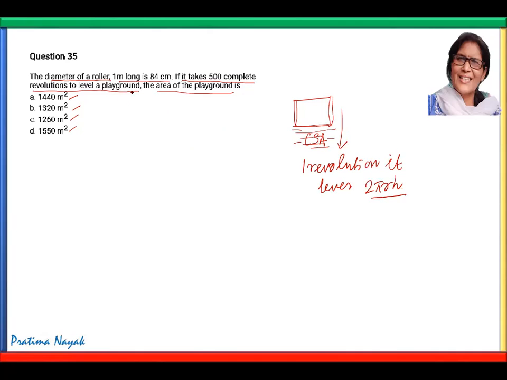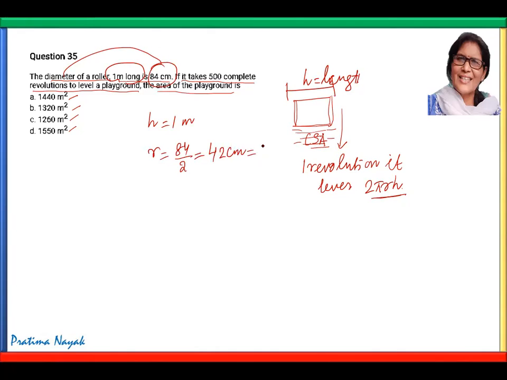So let us find what is given. 1 meter long. I told you long means this is your height, length or long. So h is equal to 1 meter here, and diameter is 84 centimeter. So radius is 84 by 2, that will be 42 centimeter, but we'll convert into meter, thus it will be 0.42.